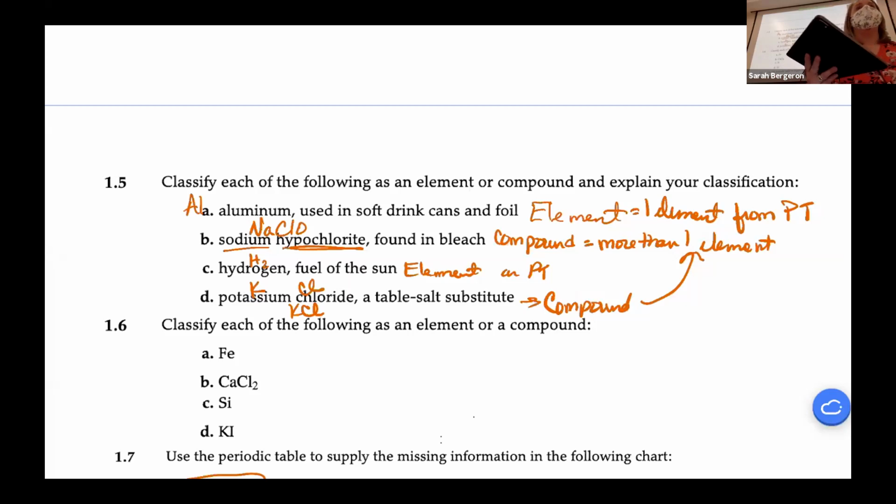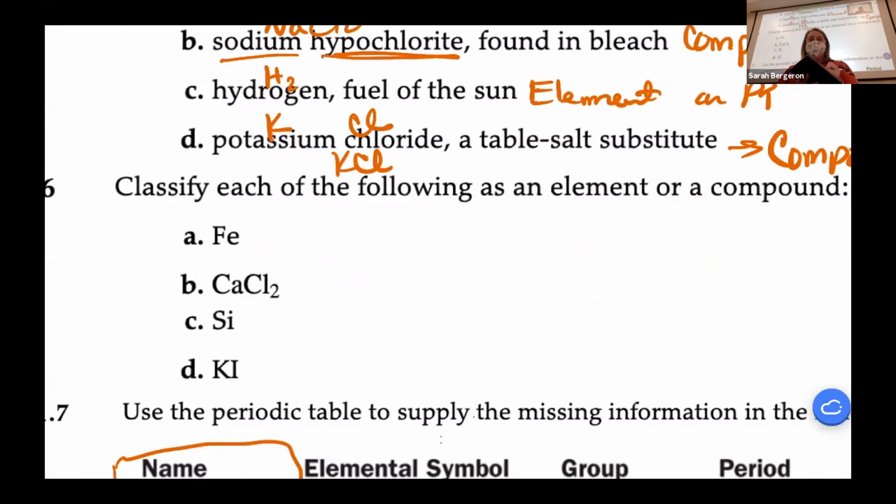Hydrogen, H2. That's one element, right? Potassium chloride. Potassium and chlorine. We have two elements. What must it be? Compound. Okay, let's try a few more. Fe. That's an element, that's iron.